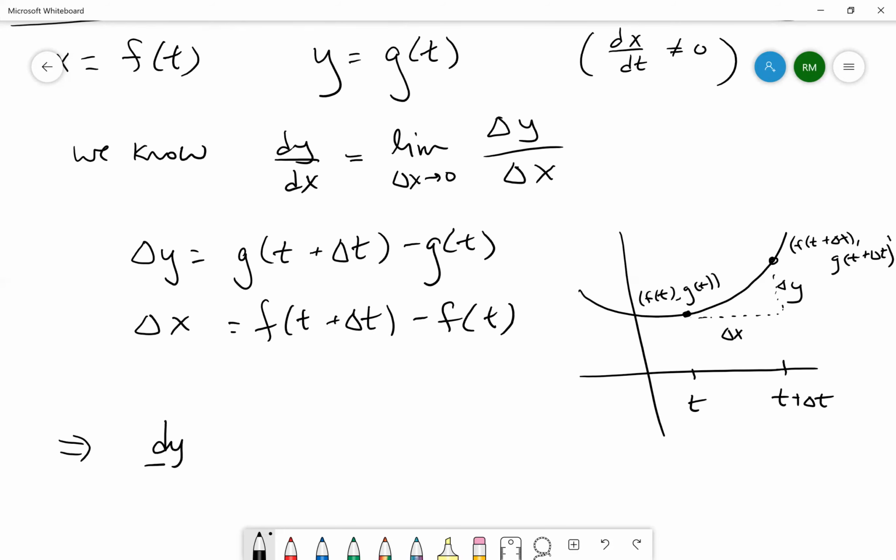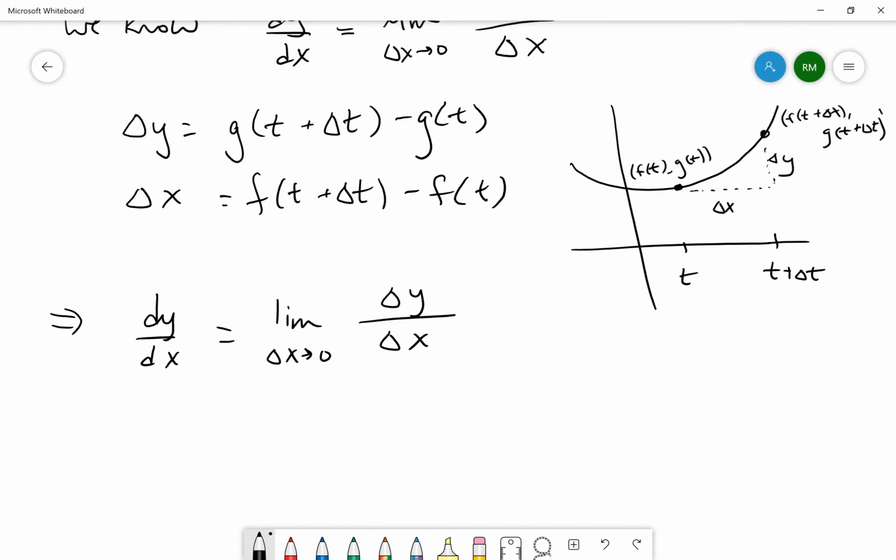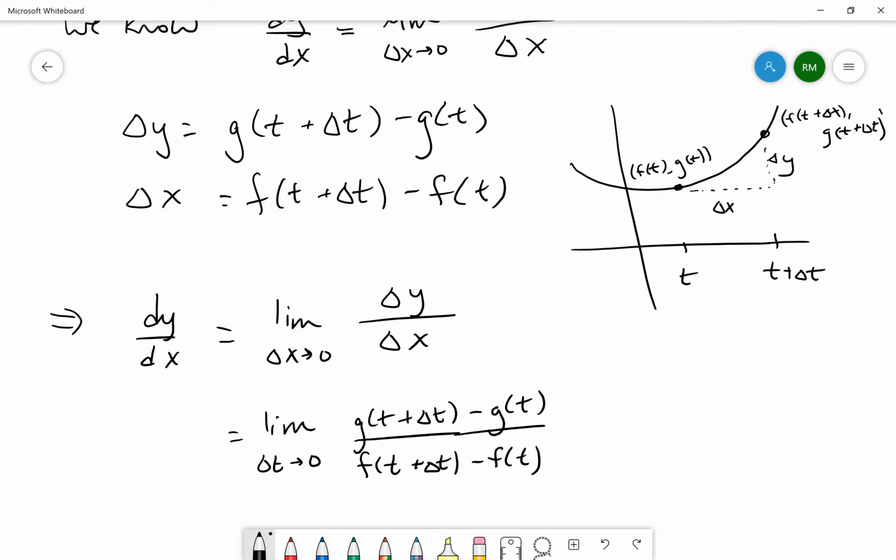Well, we can take our limit that we're used to, and we can rewrite it in terms of t. And what we get is the change in the function g divided by the change in the function f. And we're going to multiply the numerator and the denominator by 1 over delta t.